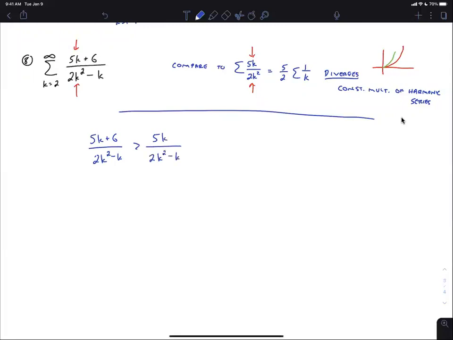We know that's true because the denominators are the same, but this numerator is bigger than this one, so this is a bigger fraction. In turn, that's bigger than 5k over 2k squared because the numerators are the same and this denominator is smaller than this one, meaning this fraction is bigger. Does that make sense?